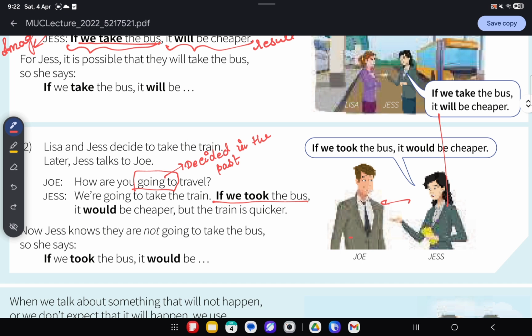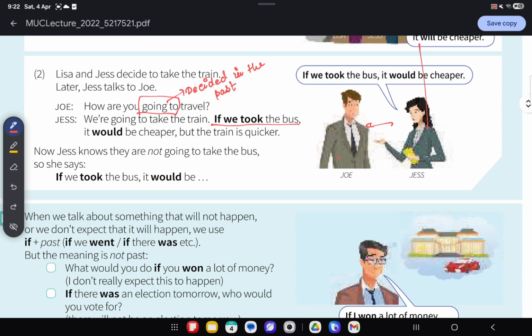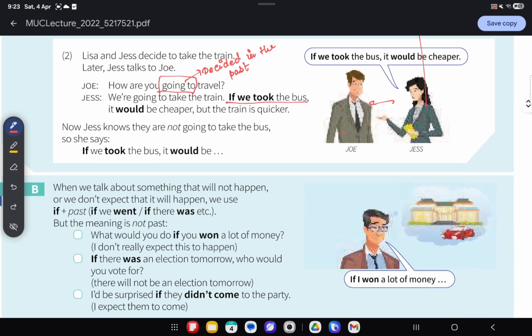If we took the bus it would be cheaper but the train is quicker. Now they are not going to take the bus. Finally they decided that they will go by train. So Jess says that if we took the bus it would be cheaper, but the train is quicker.